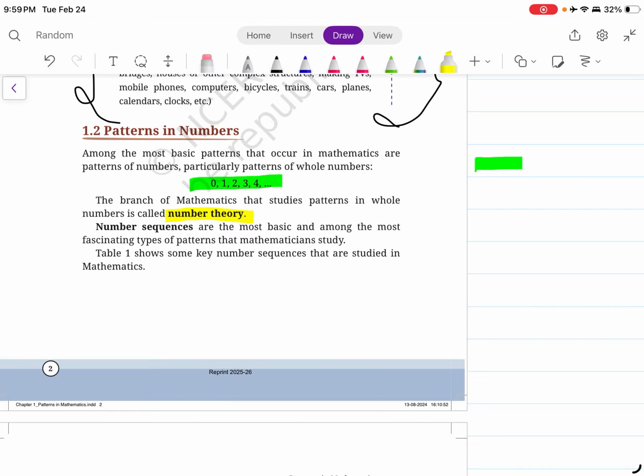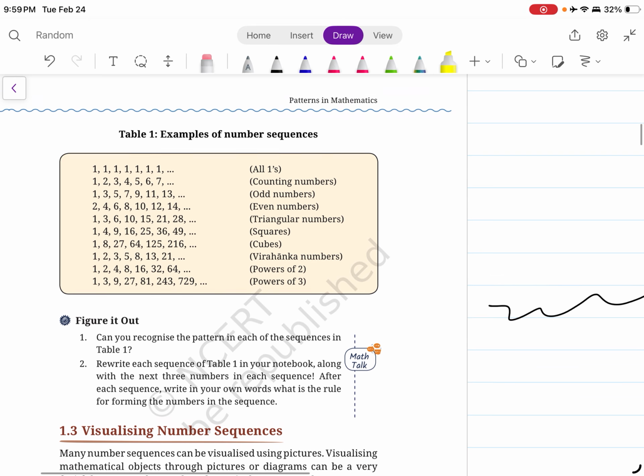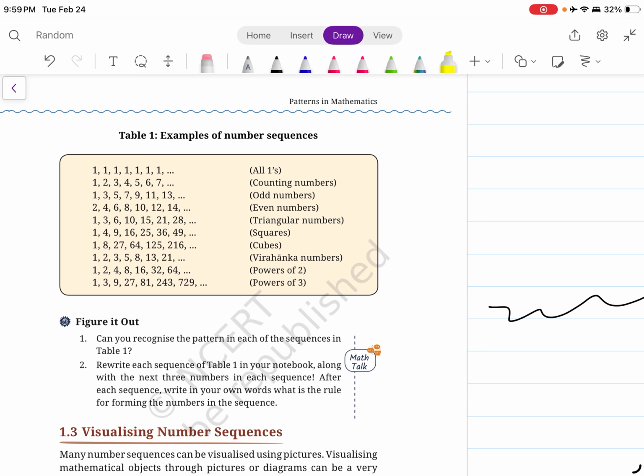Number sequences are the most basic and among the most fascinating types of pattern that mathematicians study. Table number 1 shows some key points the studies in mathematics. So नंबर सीक्वेंस के बारे में देखते हैं.